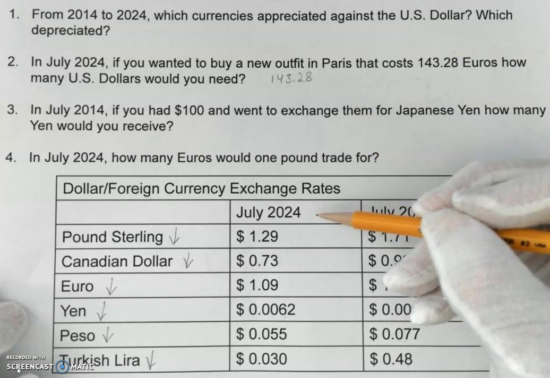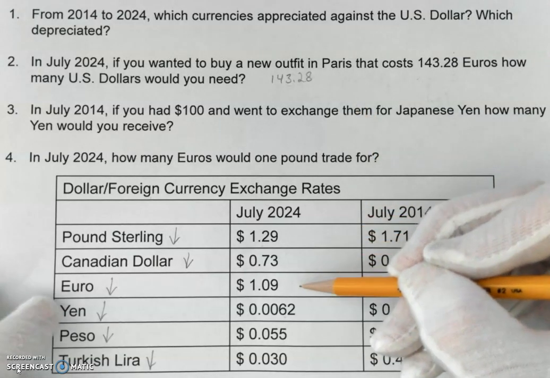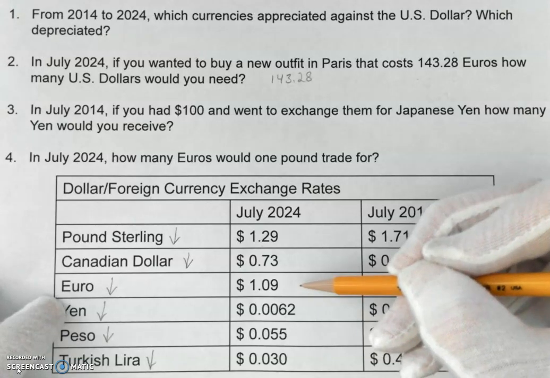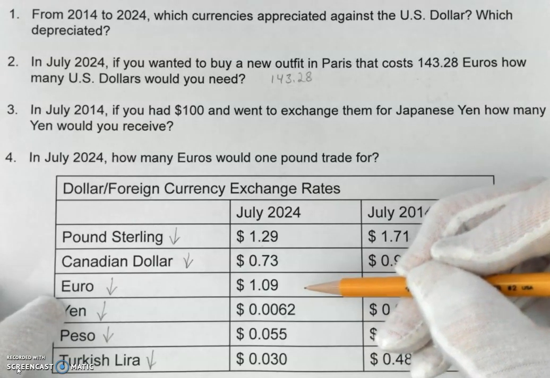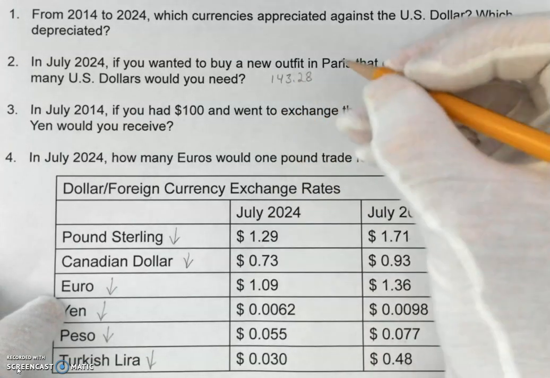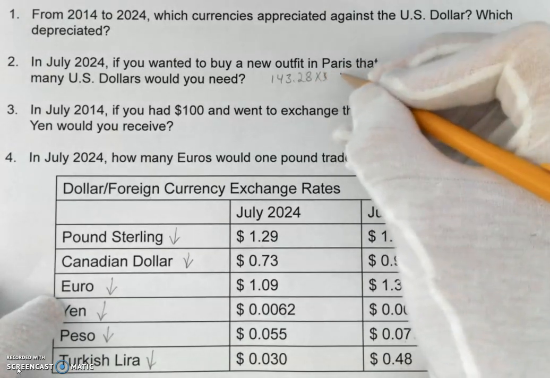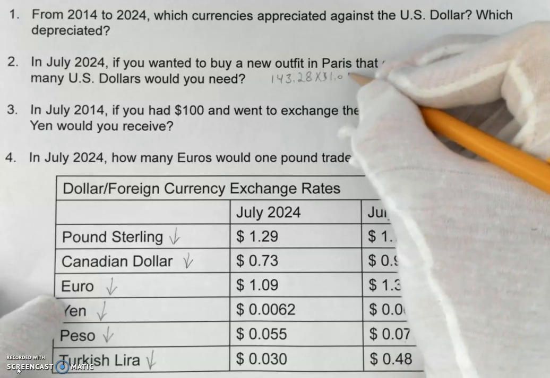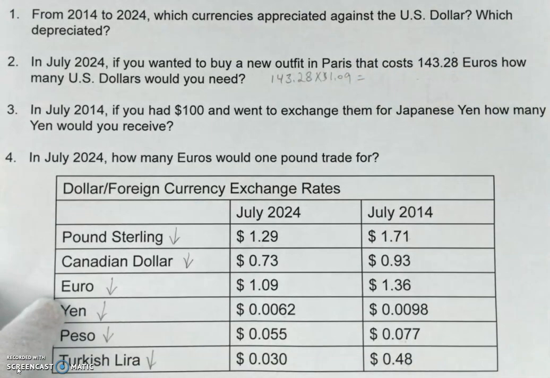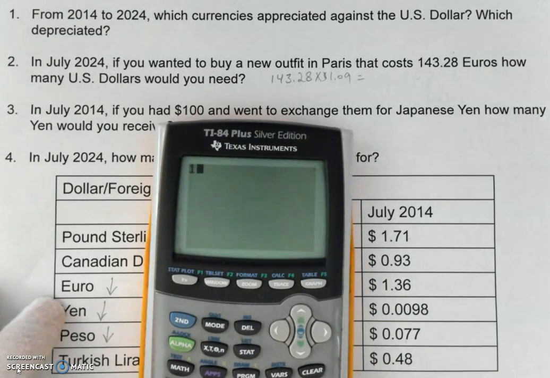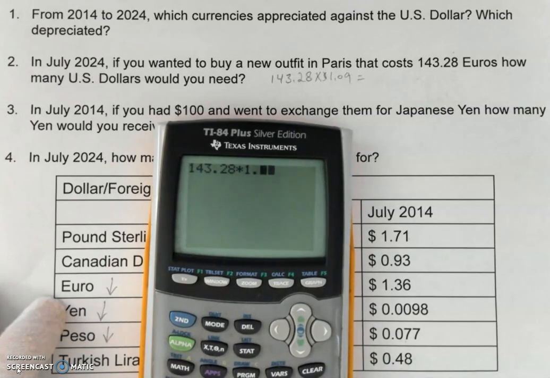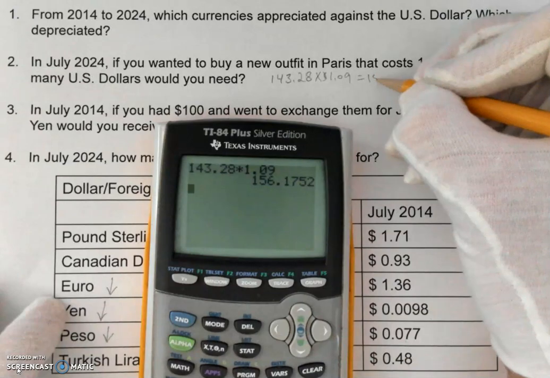In July 2024, euros were selling for $1.09. So just like anything else, if you want this many units of something, you just multiply those units by the price, which is 1.09. Okay? And if you do that, you use your calculator here, we can take 143.28 and multiply that by 1.09 per euro, and you get 156.17.